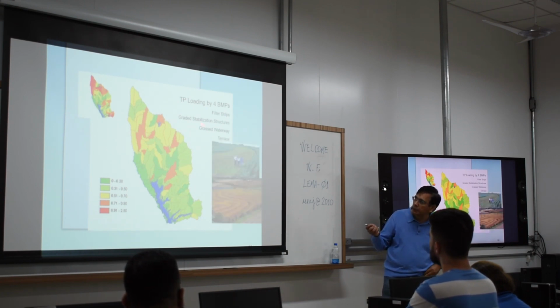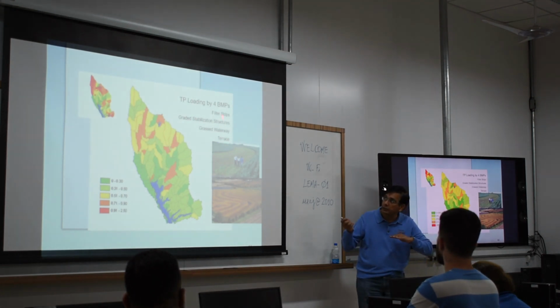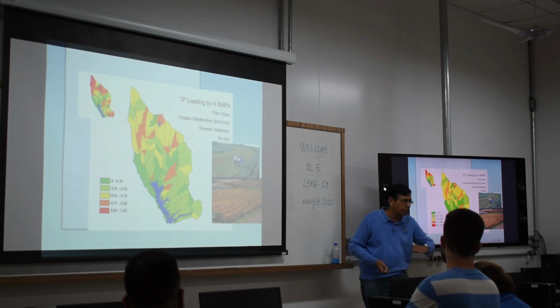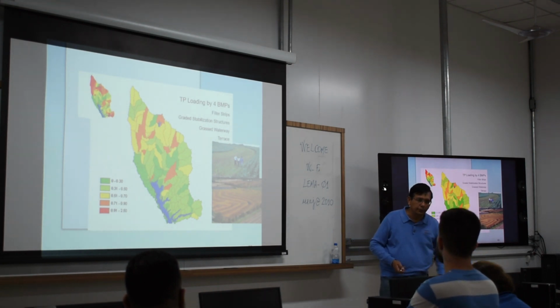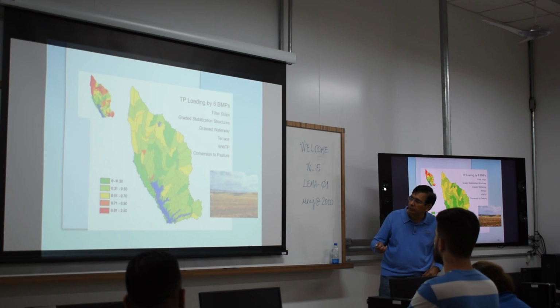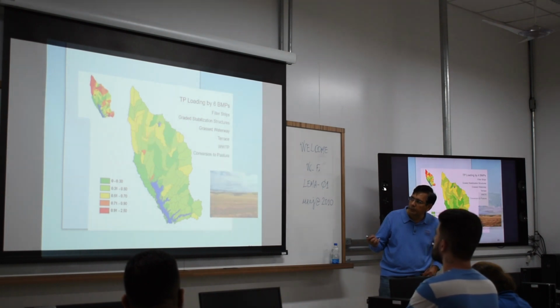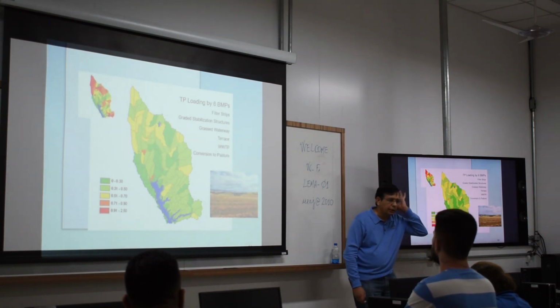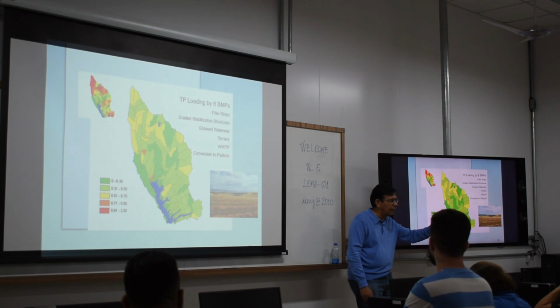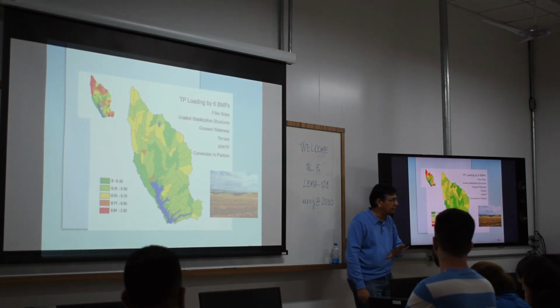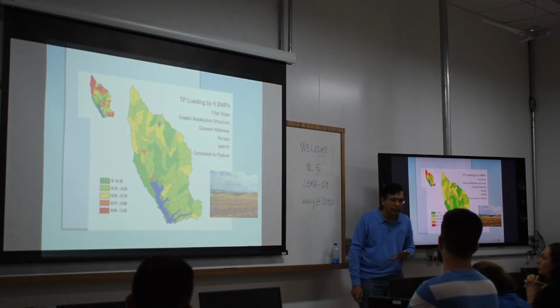And this is the grade stabilization structure. That means you are putting, sorry, this is the terraces. So you are putting terraces for slope protection. And then the biggest benefit is conversion to pasture. So you can see there is a significant jump from here to here. So we are taking 20% of the agricultural land and converting it into grassland or pasture land.